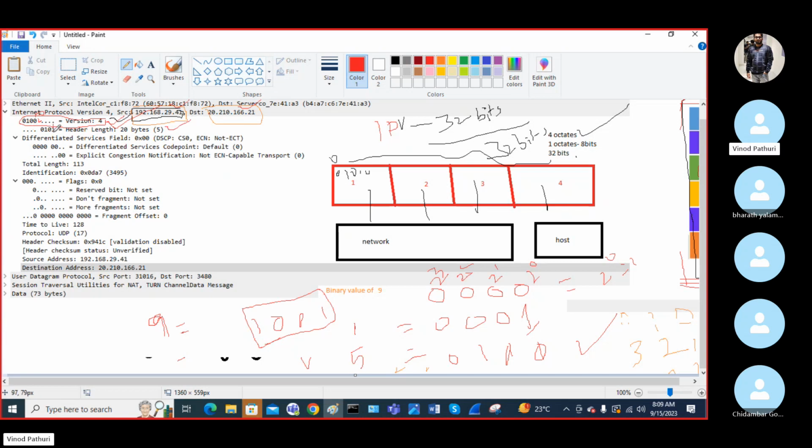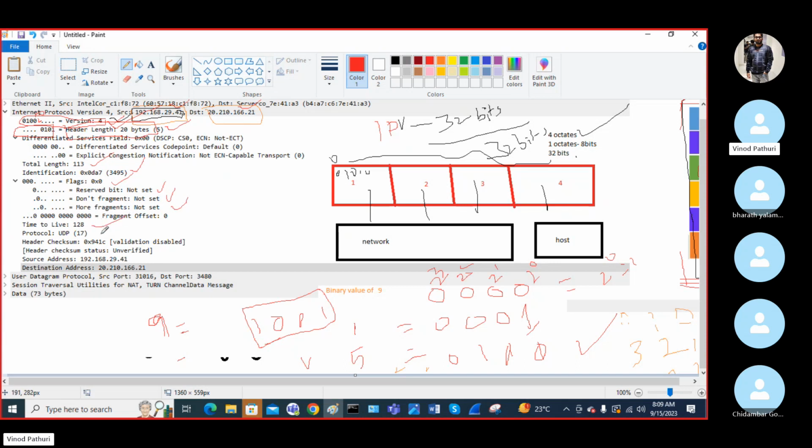Everything is represented in binary language for the computer, and for your understanding it is represented in user language. You have the total length, the identification number, and the flags, such as the reserved bit, don't fragment, or more fragments.